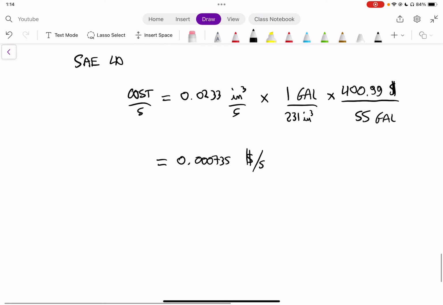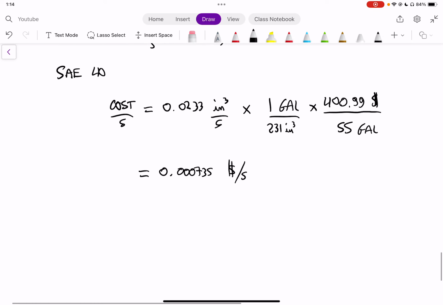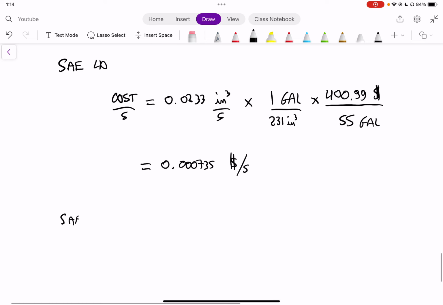If I do the same exact procedure for SAE 70, I can now compare, and the cost per second would be equal to 0.000311 dollars per second.